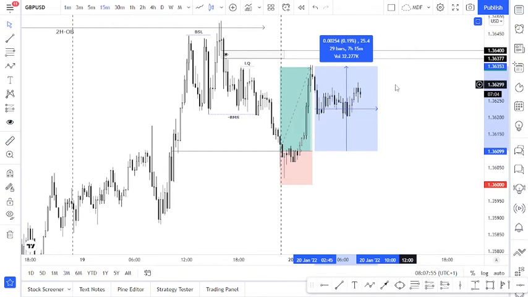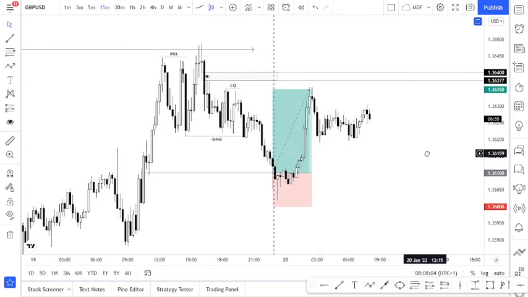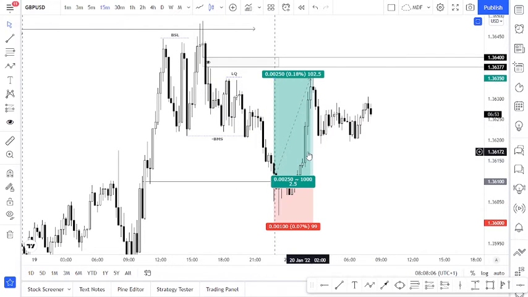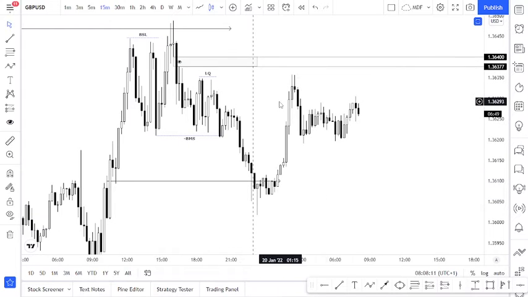I took this trade, 25 pips exactly. Actually, it was a very nice trade. If there was anybody out there who followed what I posted on Telegram, he or she must have taken this trade also.